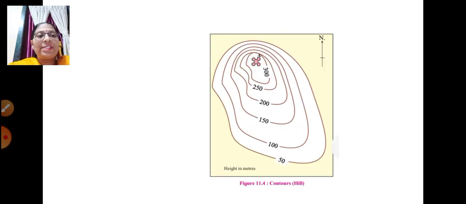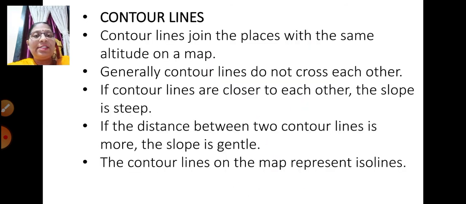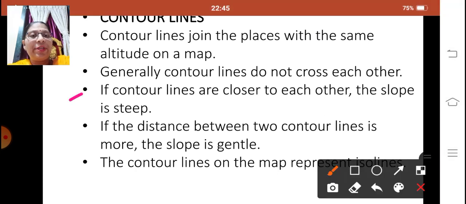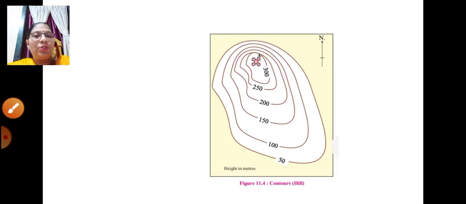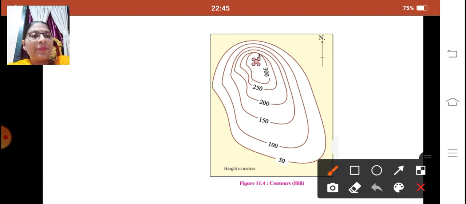Now for example, we read this. See this point over here, these two points we'll see. If contour lines are closer to each other, the slope is steep. If the distance between two contour lines is more, the slope is gentle. This we can understand from this picture. Over here you can see the distance between this contour line and this contour line, here and here, is more.